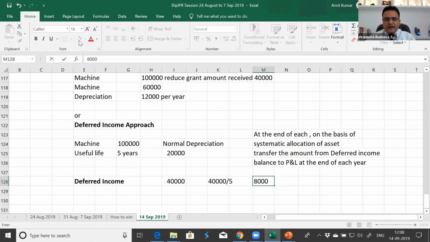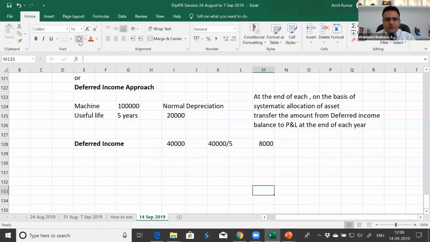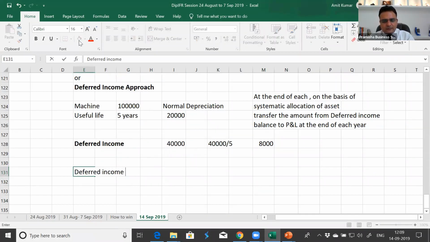So we transfer at the end of each year 8,000 to P&L: deferred income debit 8,000, credit P&L account 8,000 for the grant amount.